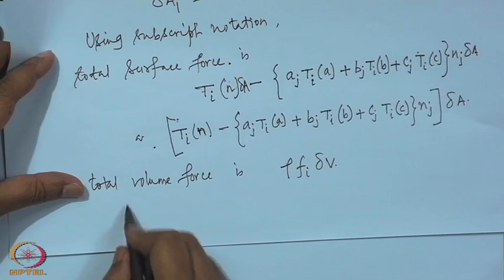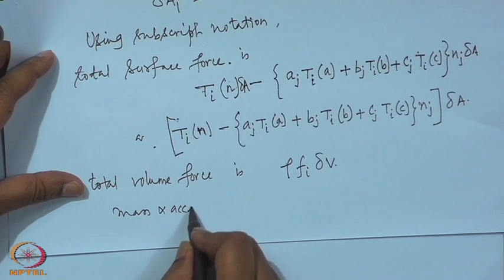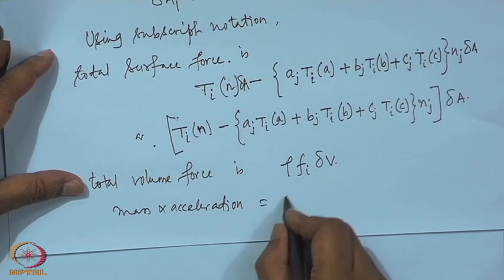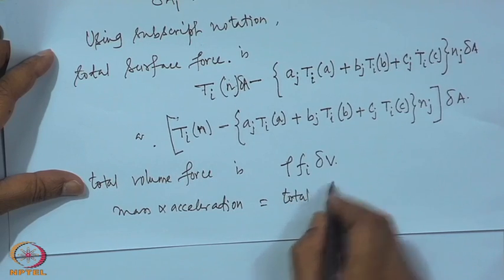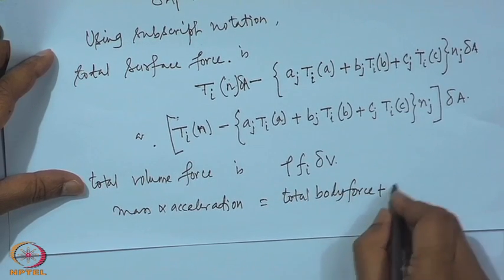And mass into acceleration is equal to the total body force plus the total surface force.